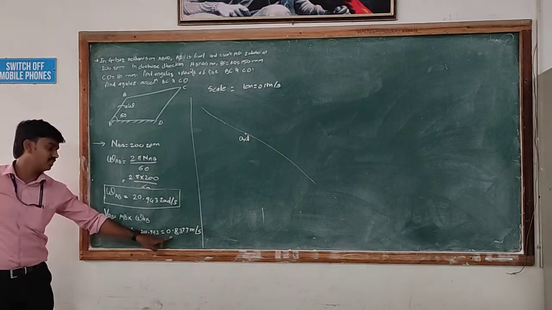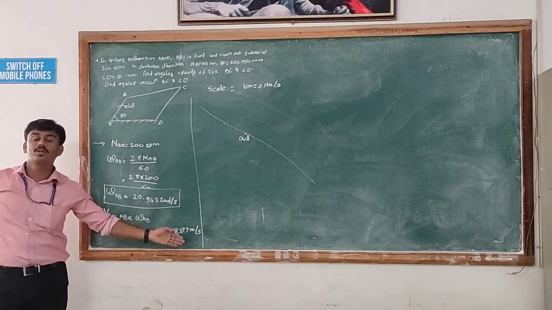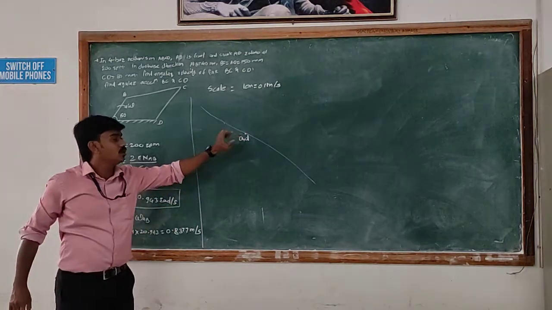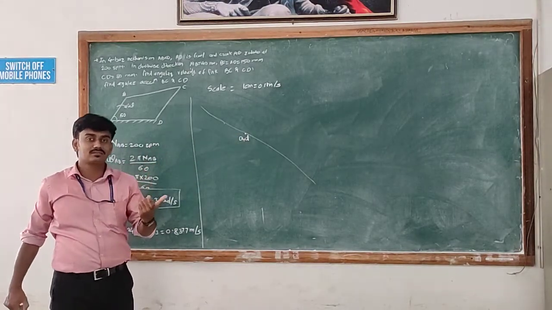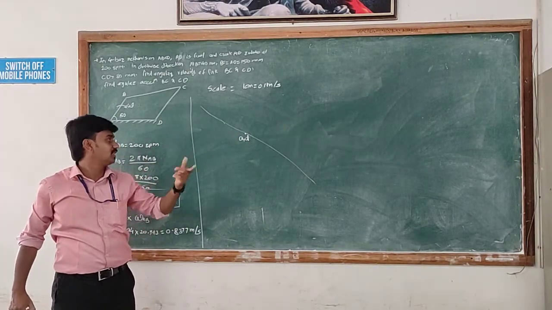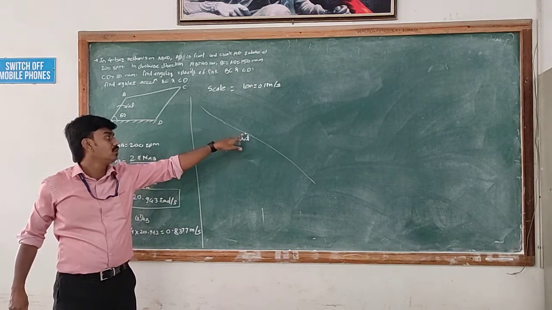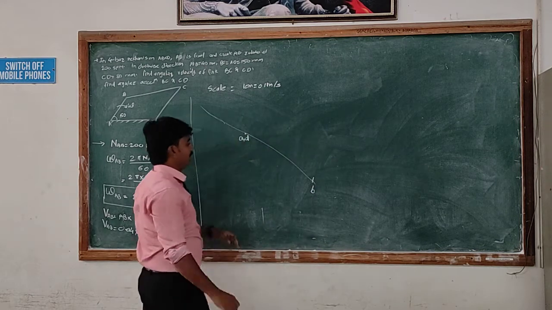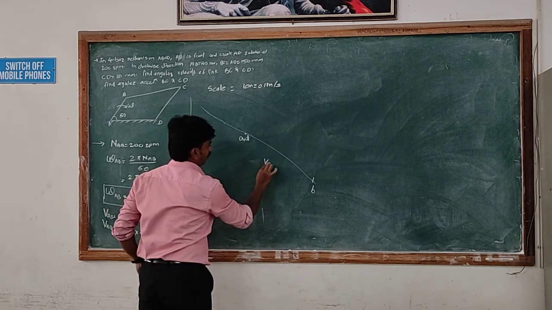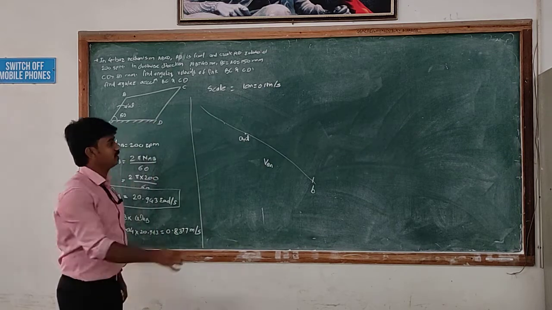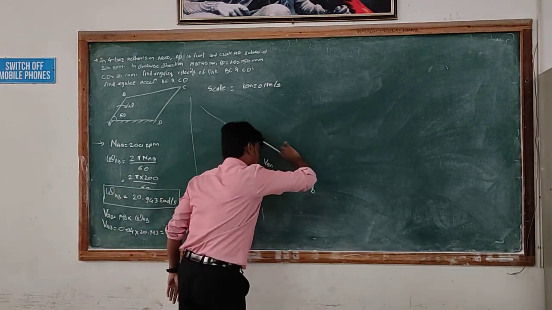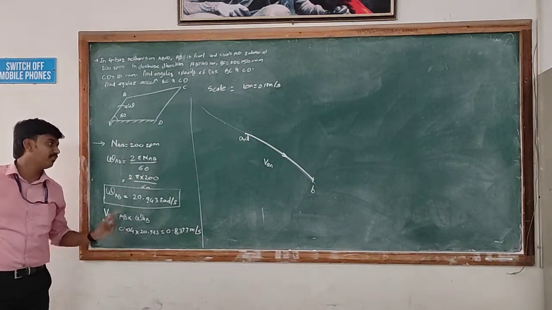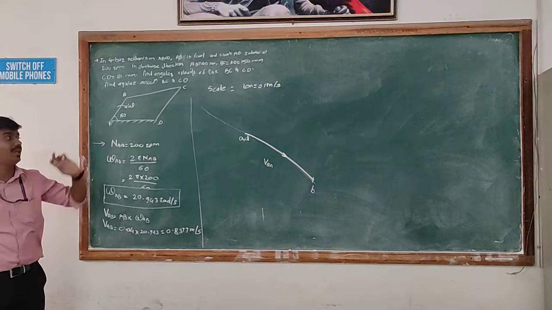So convert this velocity into centimeter. So it becomes 8.3 centimeter. So take a distance in compass of 8.3 centimeter from the point A and mark here this point B. And this is the velocity of the point B, which is in this direction. So this is the velocity vector of the link AB.